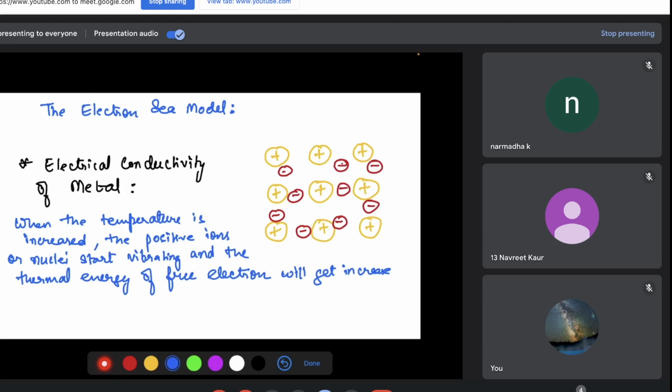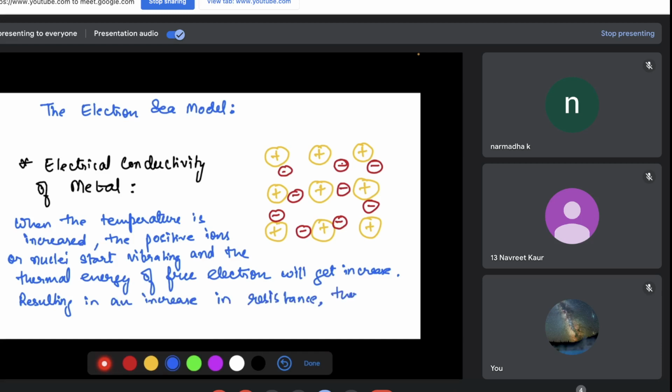Because the free electrons definitely have more thermal energy and more energy to move faster, but also because there is a vibration in my atoms or my ions or my nuclei, so there will be an increase in the resistance because of that, okay? Resulting in an increase in resistance.